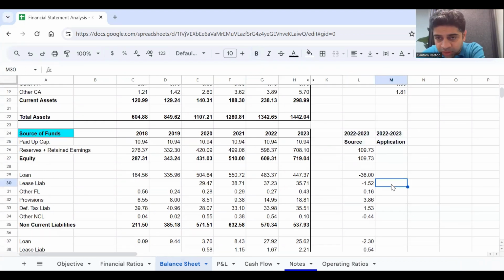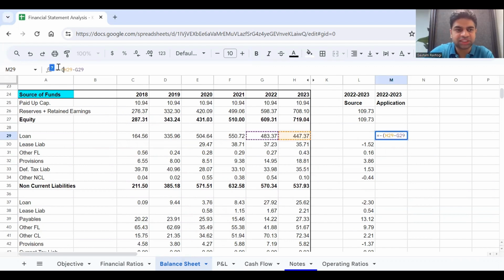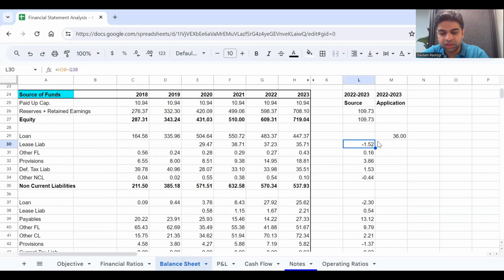Okay. Now, all the negative signs, let's move to the source column. Okay. And let's change it. Let's change the sign. Okay. All right. And so let's do it. Let's do this for all the negative signs.